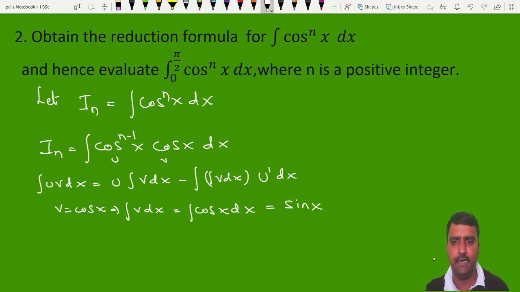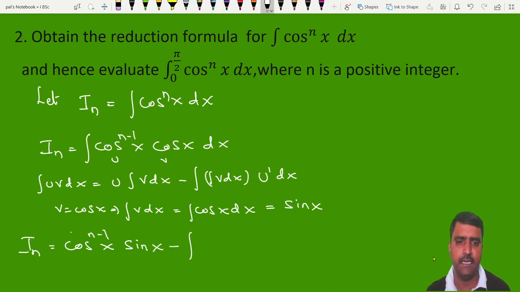Okay, so then I n is equal to integration of, first you take u. What is u? u is cos to the n minus 1 x, so cos to the power n minus 1 x into the integration of v, which is sin x, minus integration of the integral of v, sin x, into u dash, that is the differentiation of u.